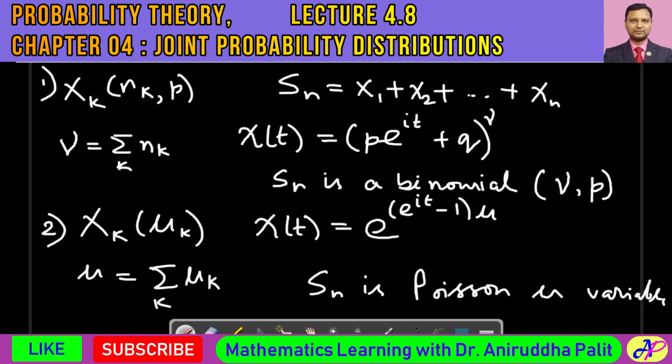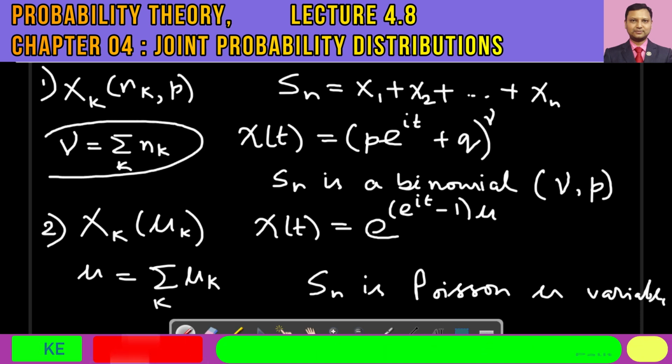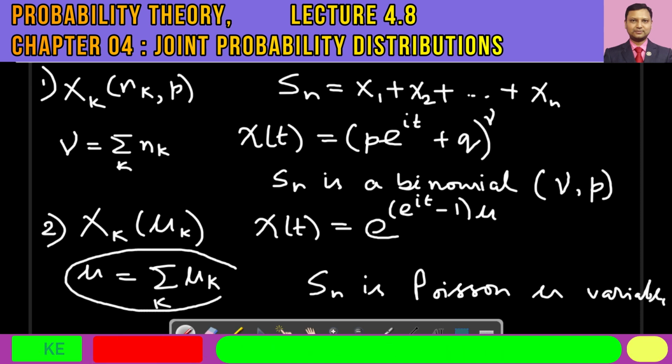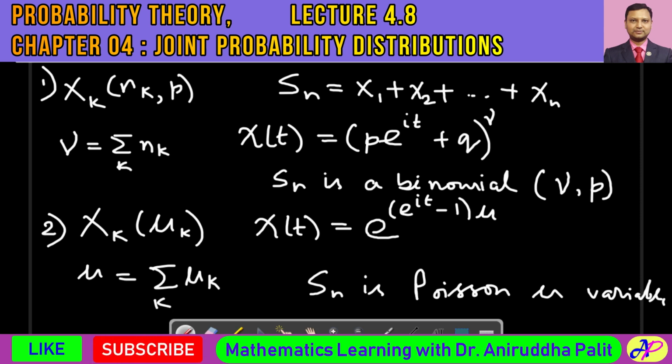Sn is a binomial nu comma p variate, where nu is the summation of nk. Similarly, Sn is a Poisson mu variable, where mu is the summation of mu k. A similar result holds for other distributions.